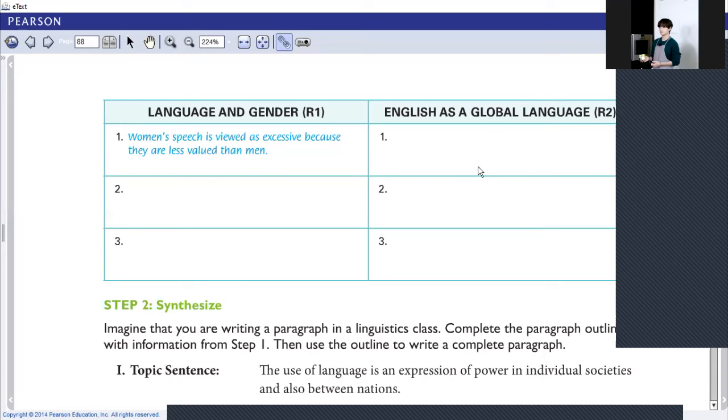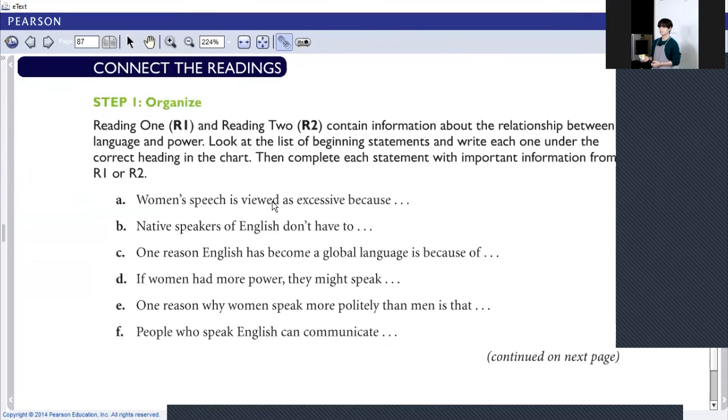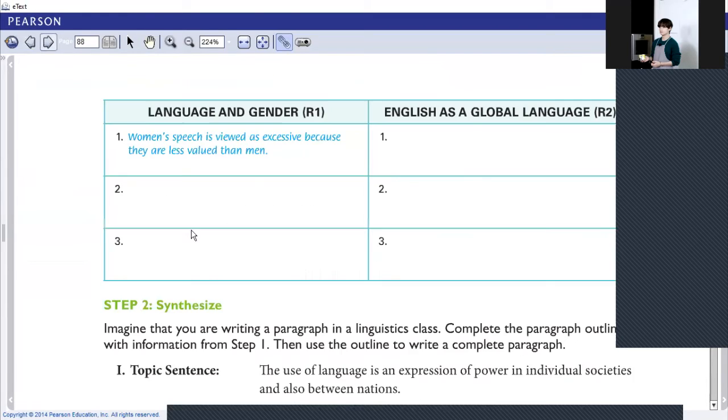Okay, Catherine, can you tell me what goes into English as a global language, reading 2? Catherine. This one is not completed yet. You had to complete it.